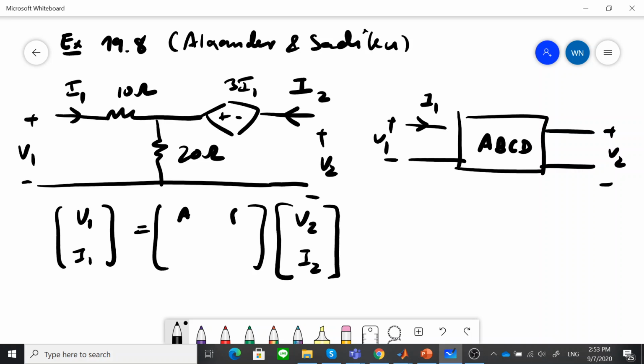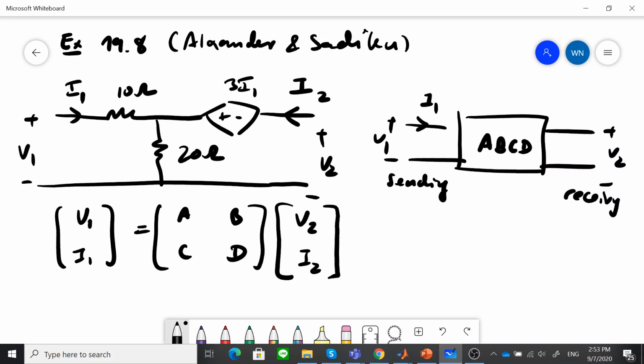These are constants, A, B, C, D. Since we are interested in the current flowing from this end towards the network and going to the other end, this could be the sending end of the system, and this could be the receiving end.